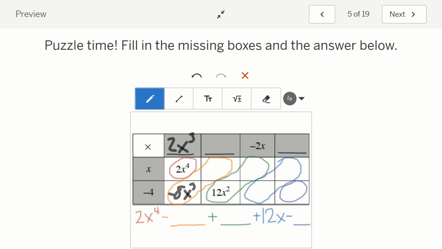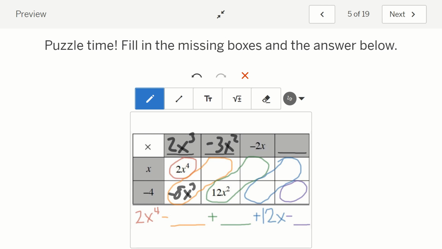All right, for those of you that didn't need to pause it, you're like, no, go on, I have an answer. I am now going to come up here because I've got this filled down here as 12x squared. Negative 4 times what would give me positive 12x squared? That would be negative 3x squared. And once you write it in, slow yourself down and double check it.